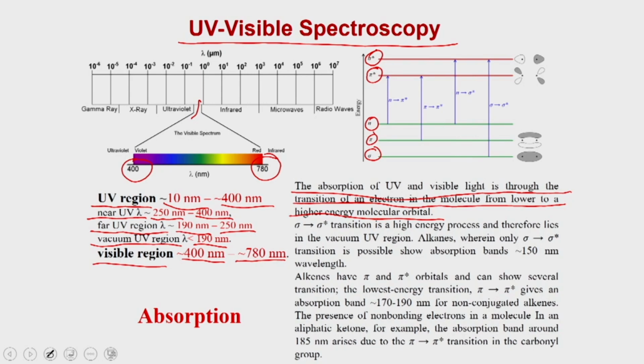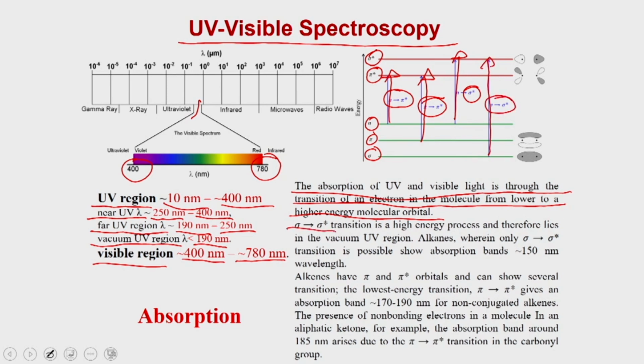If the electron goes from n to pi star, it will have a certain amount of energy. If it goes from pi to pi star, it is going to have a different energy, and if it goes from n to sigma star, it is going to have another energy, or if it goes from sigma to sigma star, then it is going to have a different type of energy.